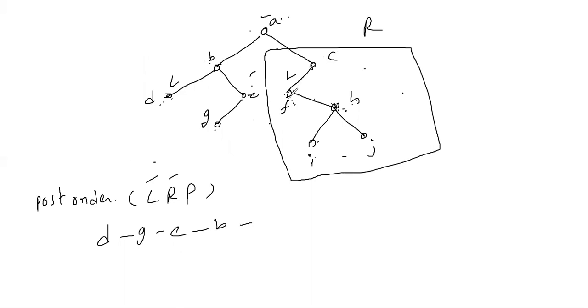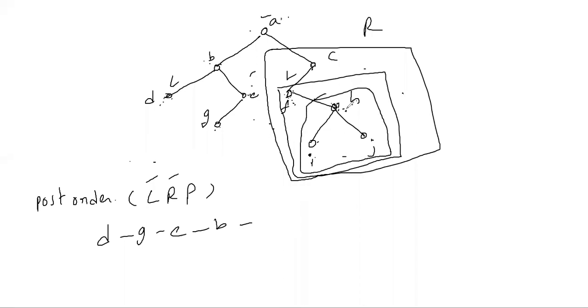What is the L? F will be there. For F again, a subtree will be there. Is there anything on the left side? No. Next, is there a right side? Yes, again a subtree. For H you apply: H left side I, right side J. Next, parent H. So now H subtree completed.